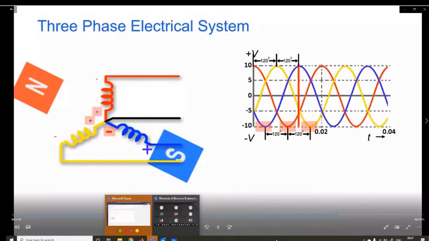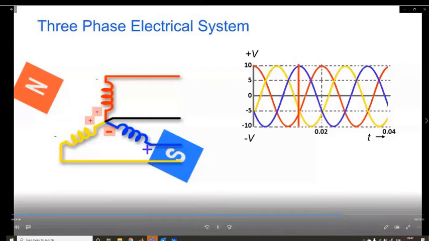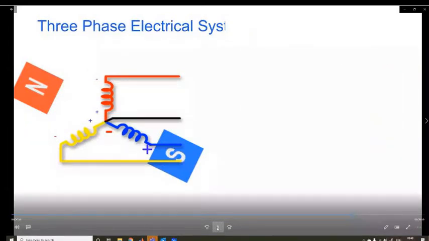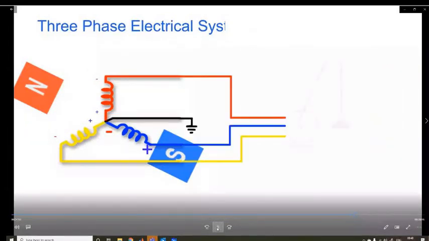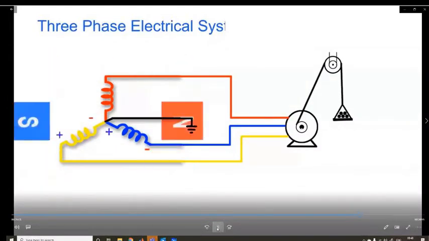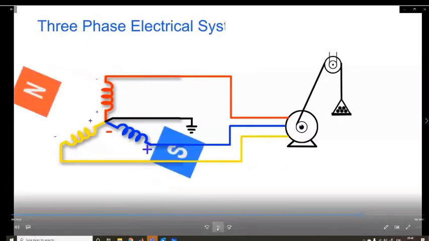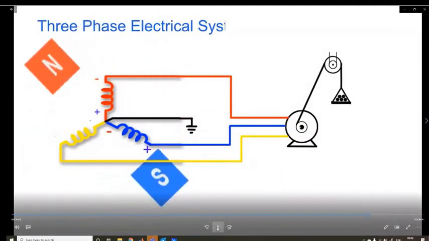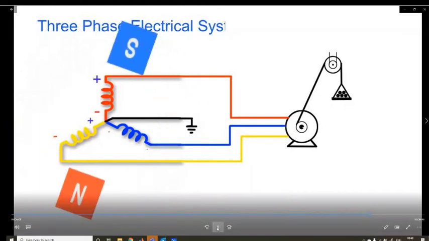Also, the sum of the EMFs of each phase at any instant of time is equal to 0. Therefore, we can join one conductor of each phase. This forms a neutral conductor. Now we have to carry only 3 wires to transmit the power developed in these 3 phases. So, in this way, 3-phase electrical power is generated.